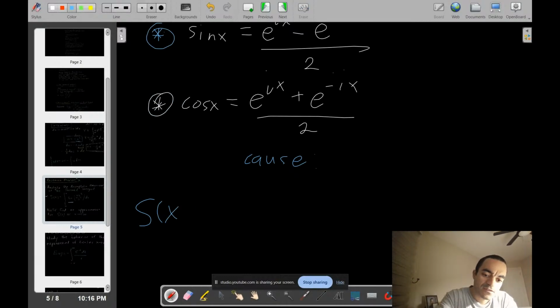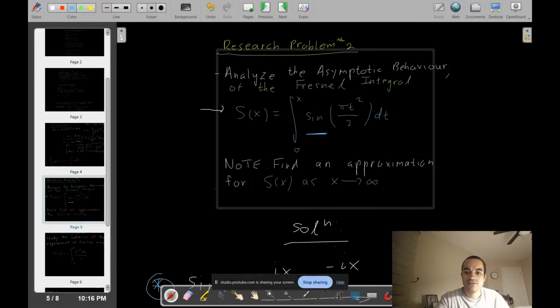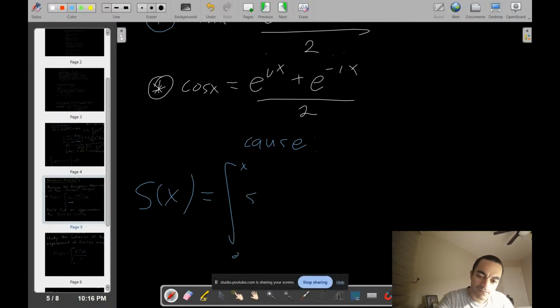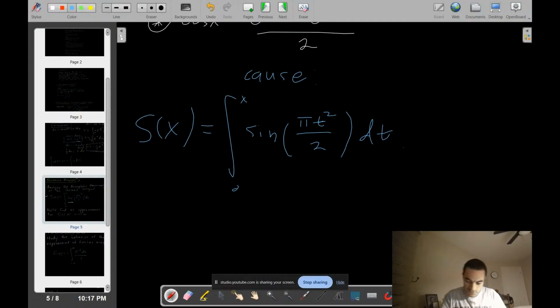Capital S of x is equal to the integral from 0 to x of sine of pi t squared all over 2 with respect to t. Hint, hint, we're going to substitute complex exponentials in.